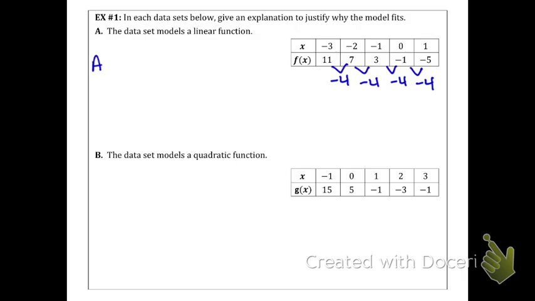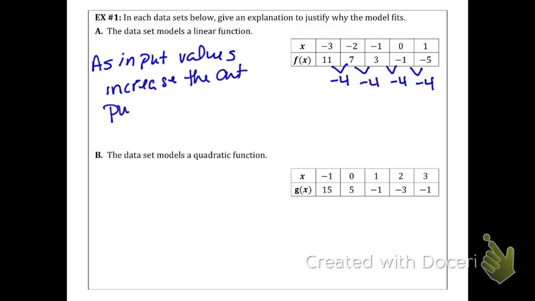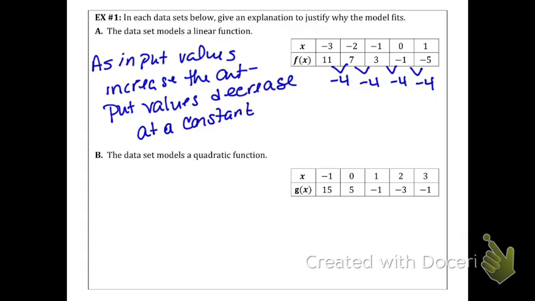So we can see that as input values increase, the output values decrease at a constant rate of 4. Decrease gave us a negative constant rate of 4, which means it is linear.